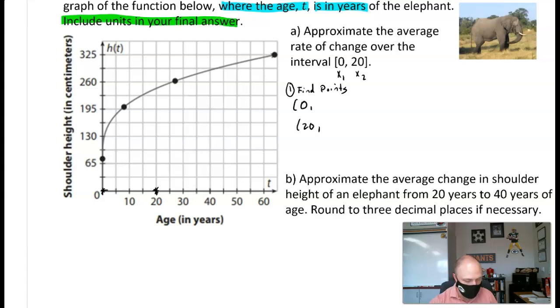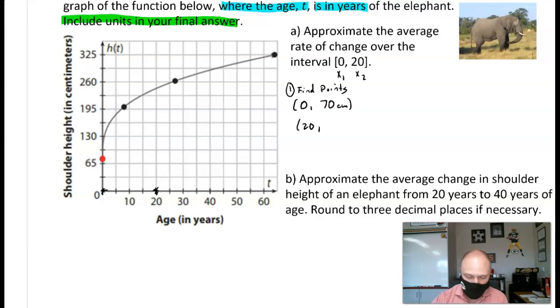So I need to know, okay, what is the output at 0? It looks like this point right here, and we're asked to approximate it. So a guesstimate. I'll say 70, and this is in centimeters.